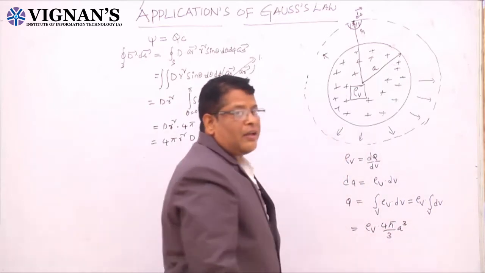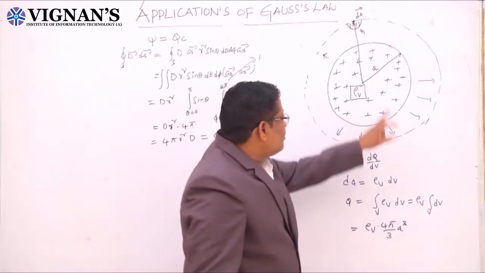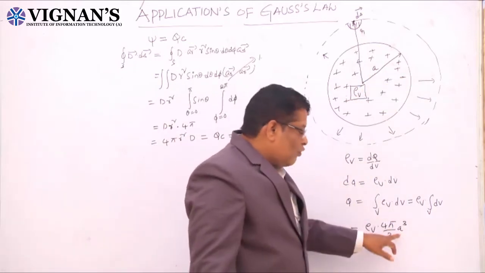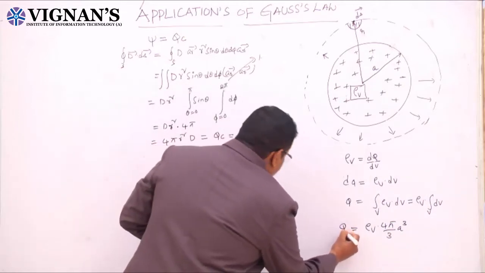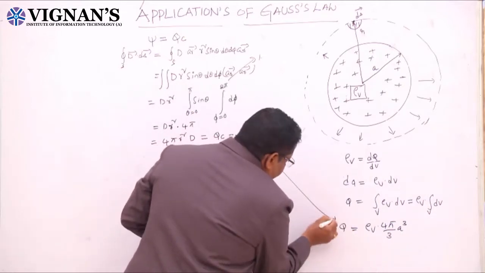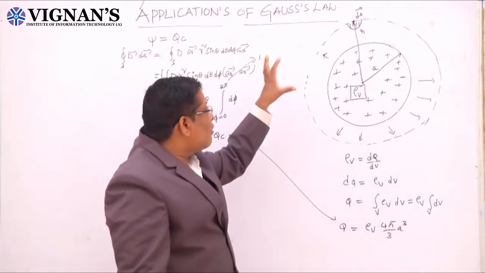Here a is the radius of the sphere. That's why we have taken it as a cube. Now this is the charge Q. How much charge is there on the sphere? The total charge will be enclosed by the Gaussian surface.